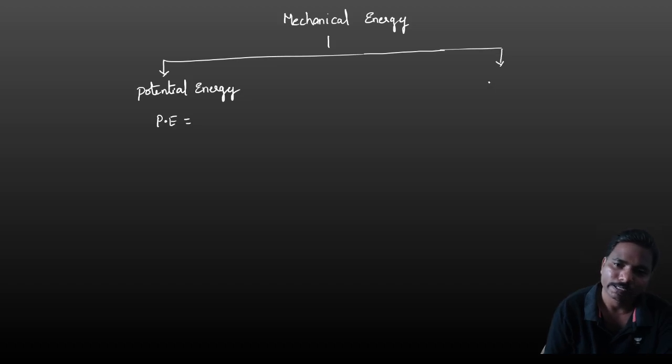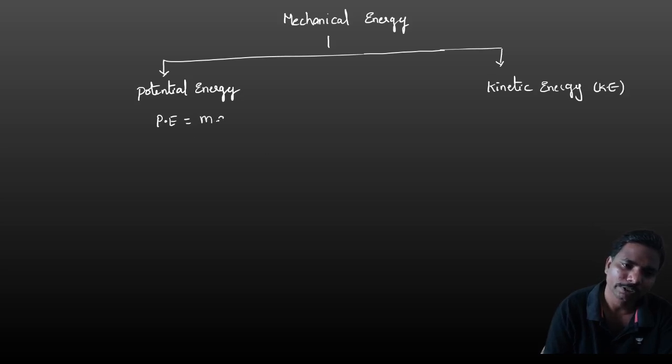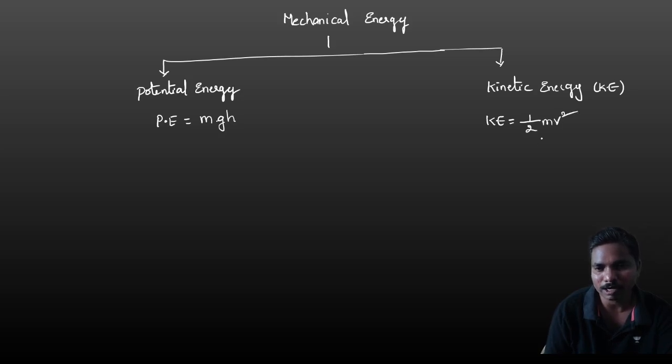The other is kinetic energy, denoted with KE. So potential energy is equal to mass into acceleration due to gravity into h, that is mgh. Kinetic energy is equal to half mv square. From the formula, we can get the definition.